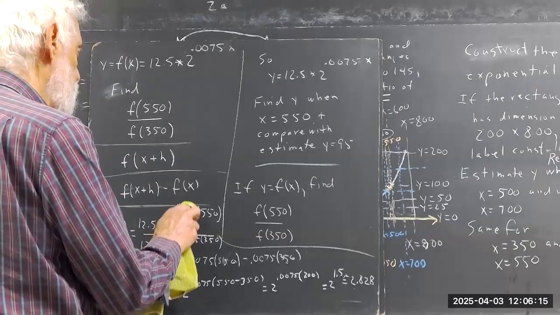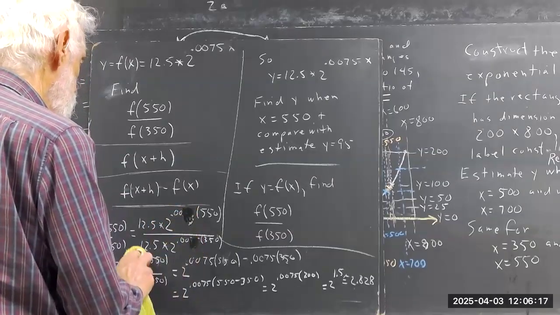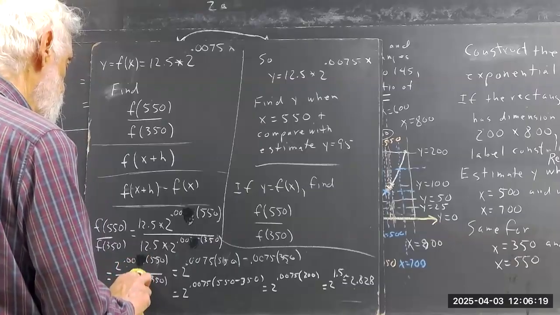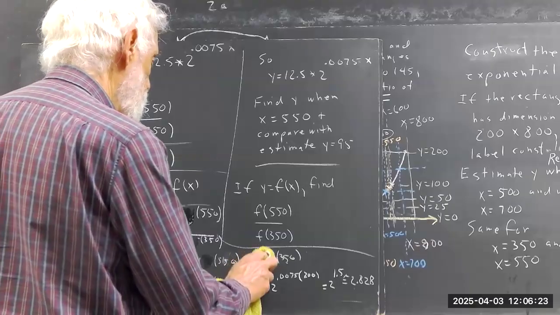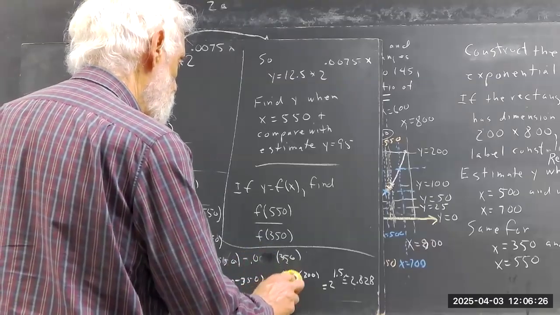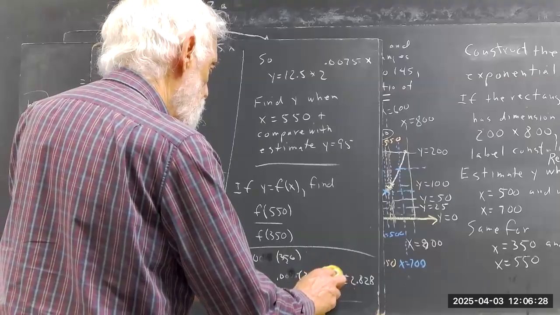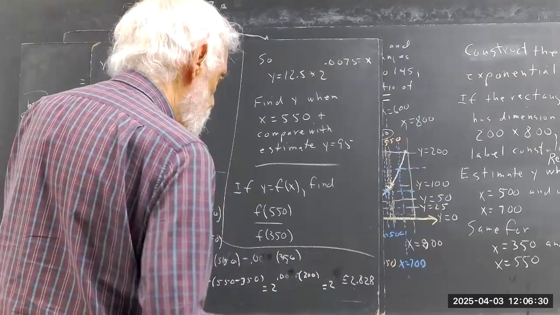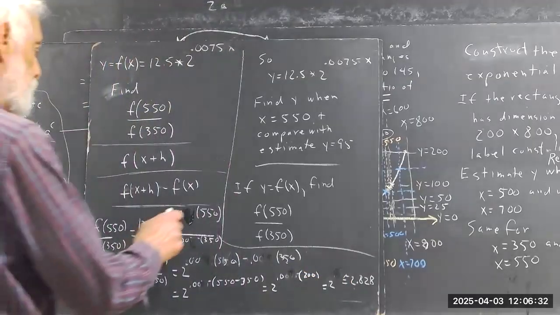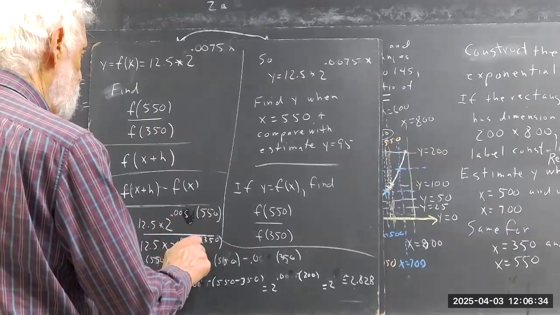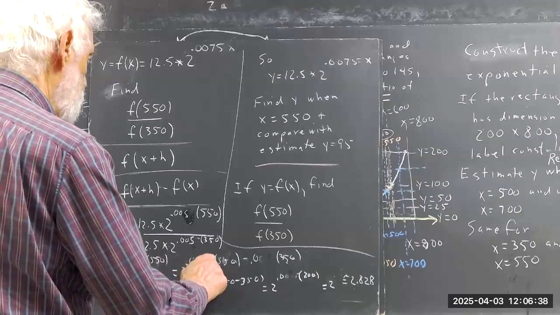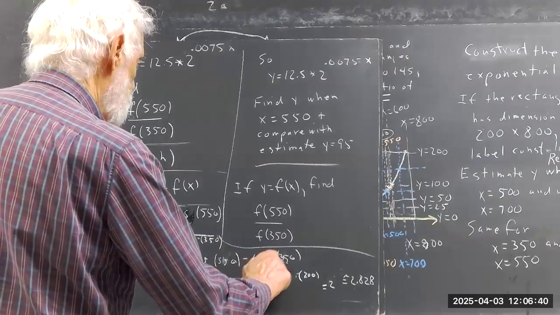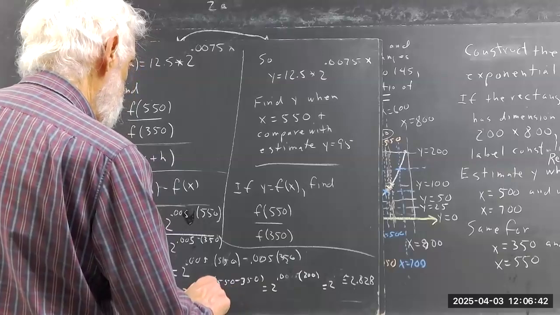I'm going to change my 0.0075s to 0.005s, and I'm going to do all the simplifications. Okay, so that's 0.005, 0.005, 0.005, 0.005, 0.005.